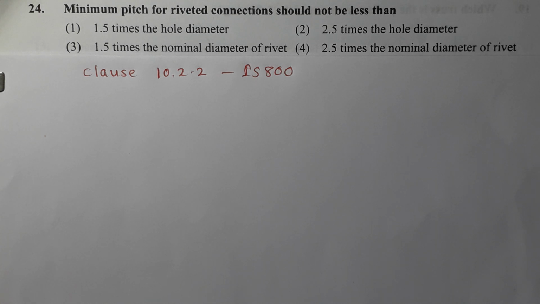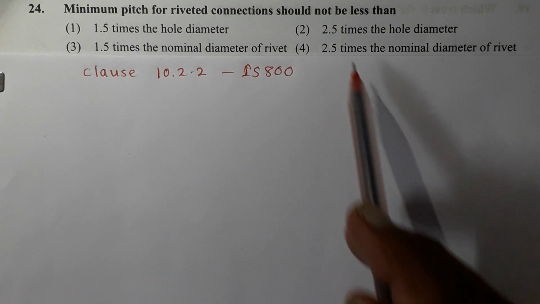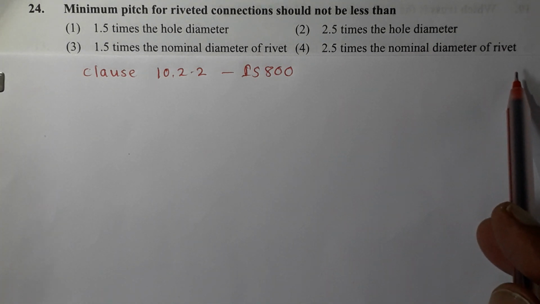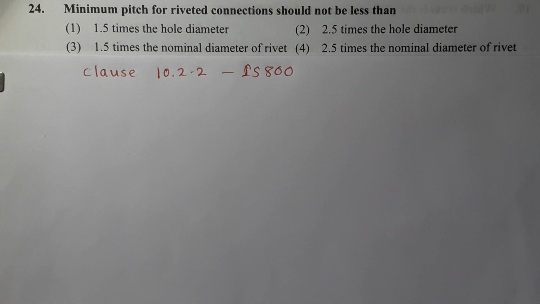So the distance between the centers of the rivets, fasteners means rivets or bolts, shall not be less than 2.5 times the nominal diameter of the fastener, and that is why the correct option is option 4 in this case, 2.5 times the nominal diameter of the rivet.